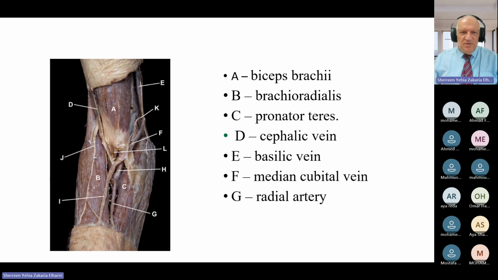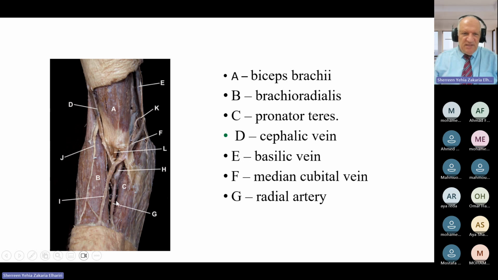So I just want to show you. Again, A is biceps brachii muscle, of course. B, brachioradialis muscle. C, small tiny muscle, pronator teres. D is cephalic, and E is basilic, and between them is the median cubital vein. And what else?